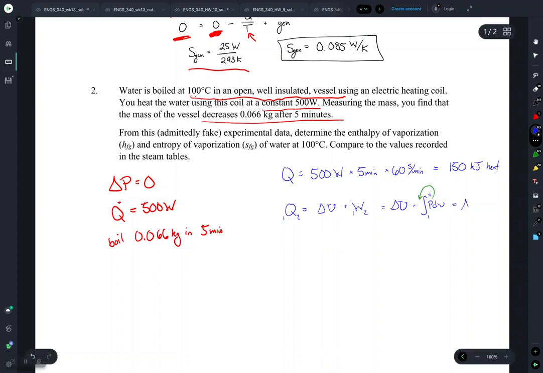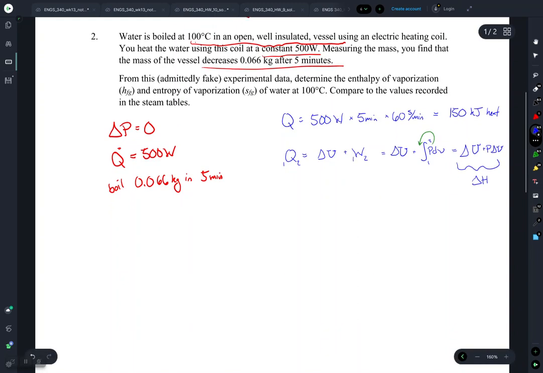This equals delta U plus P delta V. This just so happens to be delta H in disguise. We did one more problem like this. You're not going to have to know this for an exam or something, but that's what that is. So our equation: Q12 is equal to delta H.